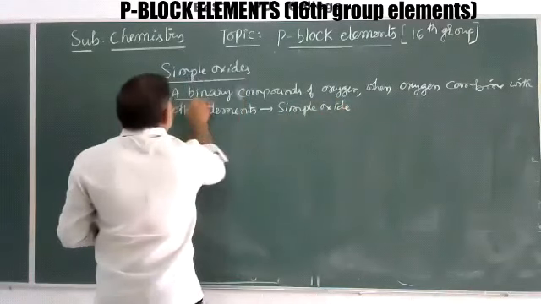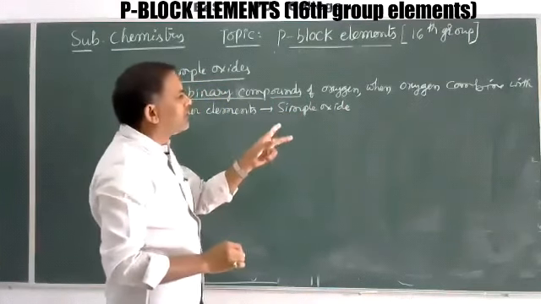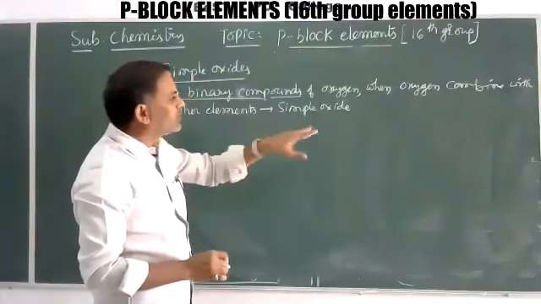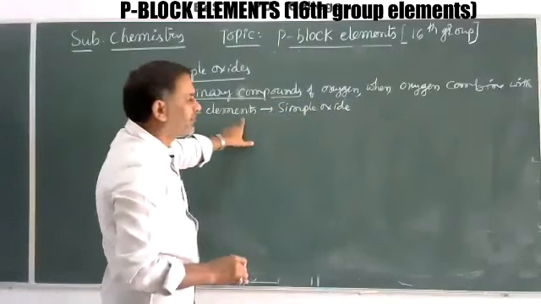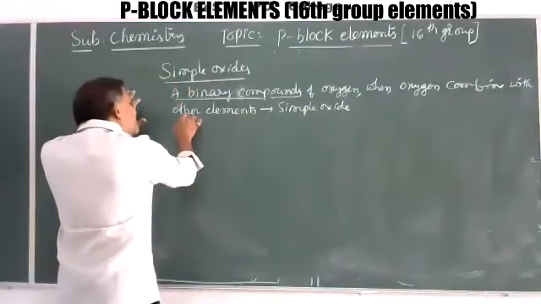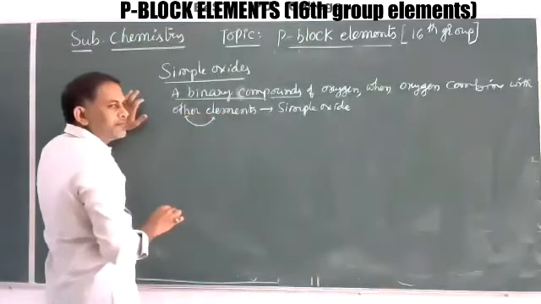Binary means the compound contains two different elements. Of those two, one is compulsorily oxygen combined with other elements. Other elements means elements of the same group or a different group.